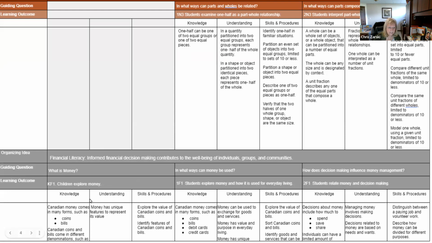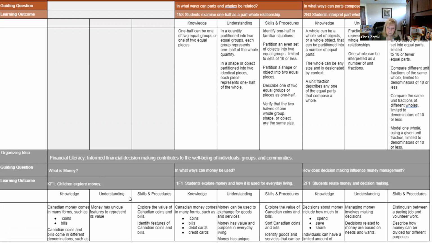So what we have done in most of the boards that we've been working with is that the teachers in K-3 have said they're going to embed the financial literacy directly throughout as they're teaching their math curriculum, and then embed the financial literacy components into discussions that they have. So we have actually embedded the financial literacy outcomes into the math curriculum.